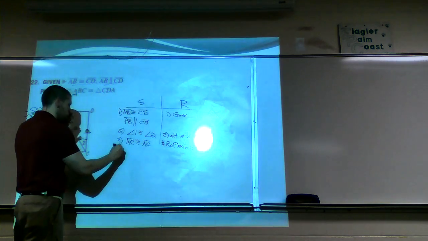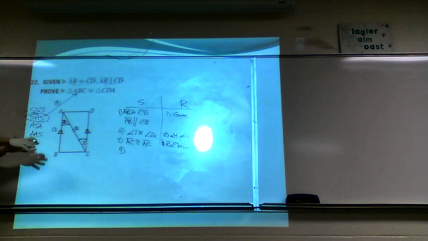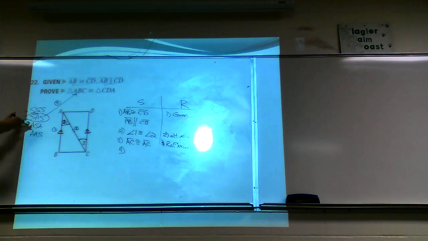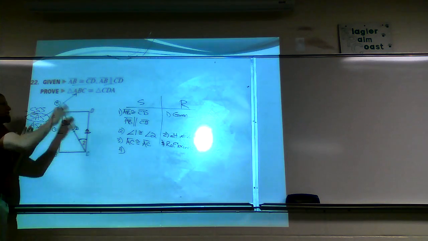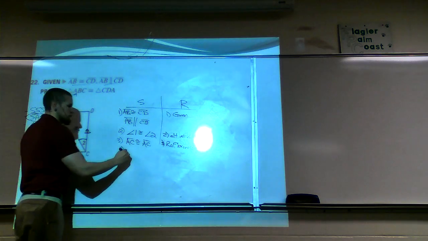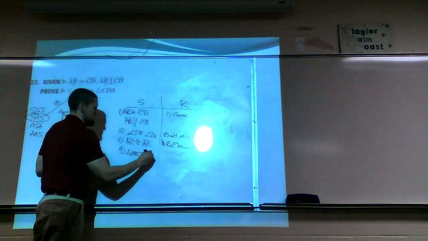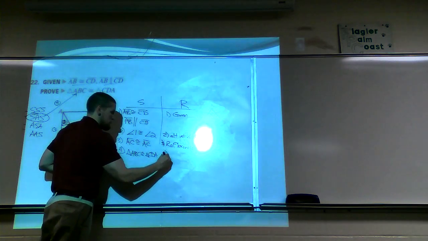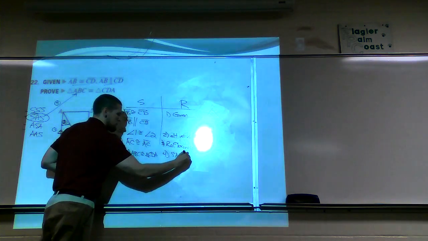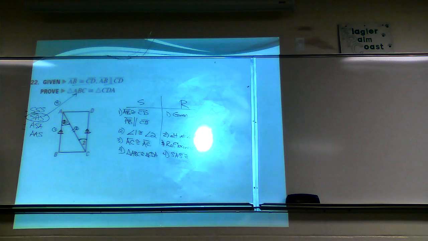And then the fourth thing was we were done with it. We picked a way. We knew side angle side worked. So my 4th step is saying that my 2 triangles are congruent. So that's the entire proof. That's about the average length for the proofs in here. For this stuff, it's about 4. Some of these are going to be 3 steps.